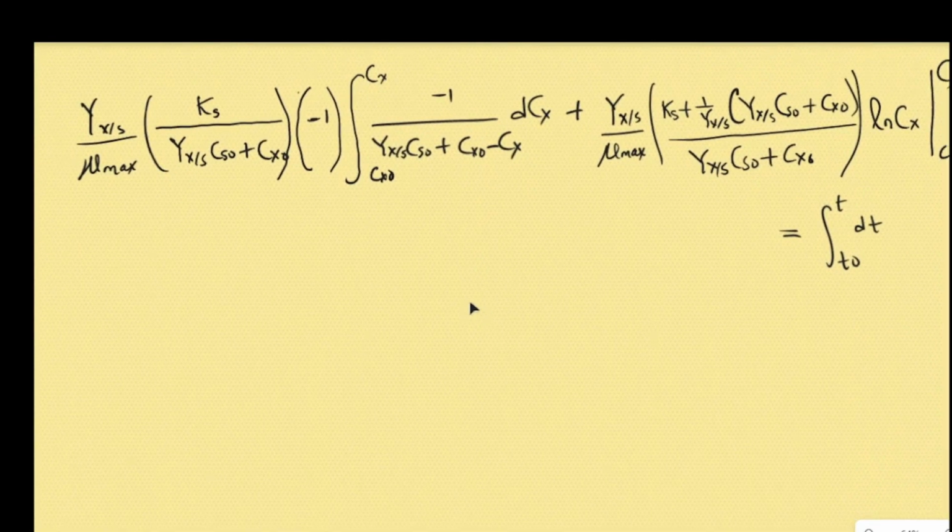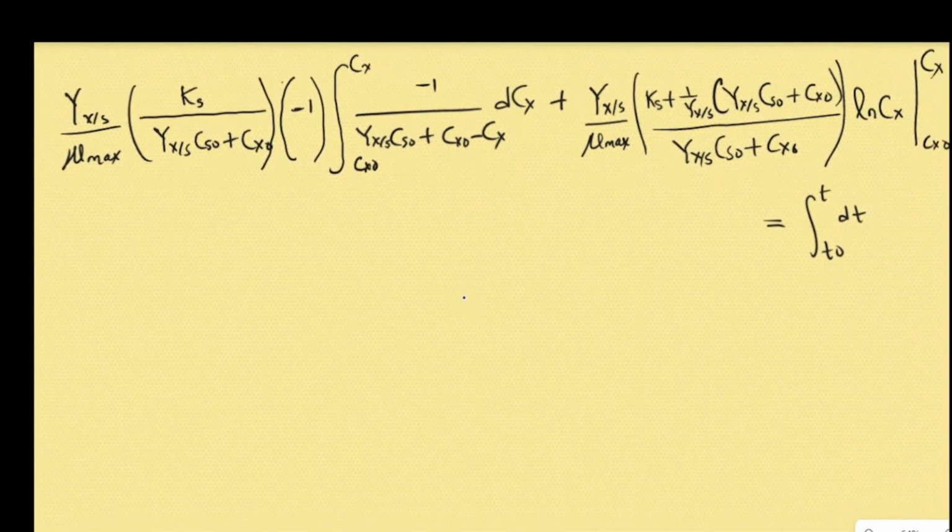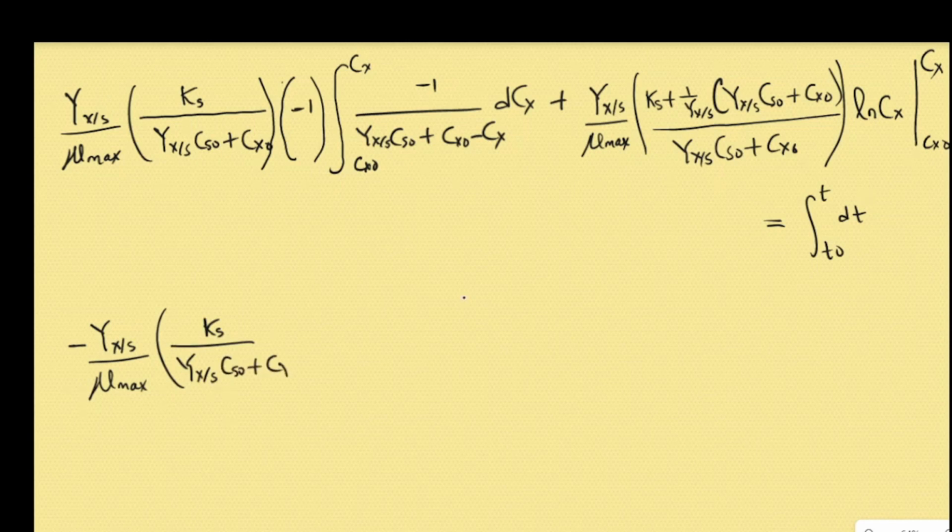So let's keep going. This particular place now gives me Y_X/S over mu max. Then we now have, sorry, let me put the minus sign, Ks over Y_X/S (Cs naught plus Cx naught).